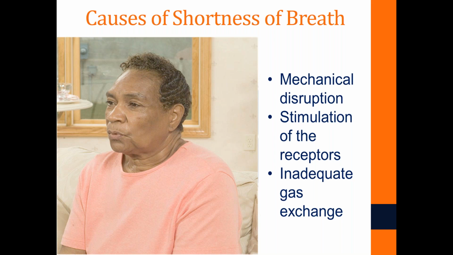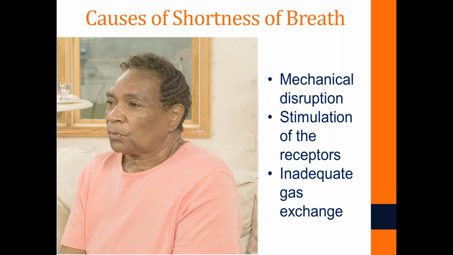And then we become hypoxemic, and then we become hypoxic, and then we wind up having problems with actual gas exchange because there's not enough oxygen available to us. It could be a ventilatory problem. It could be just an availability of oxygen problem. It could be a perfusion problem that affects gas exchange.